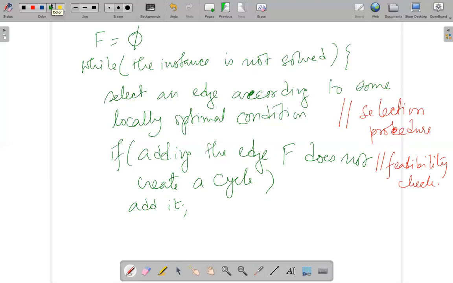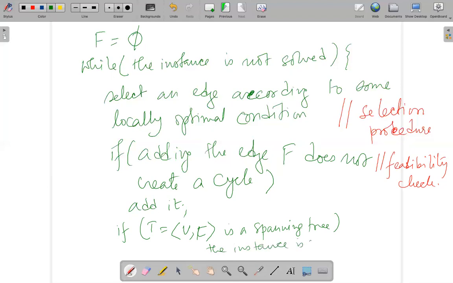And then finally, if F is a spanning tree, the instance is solved.